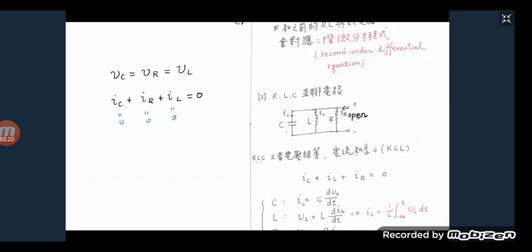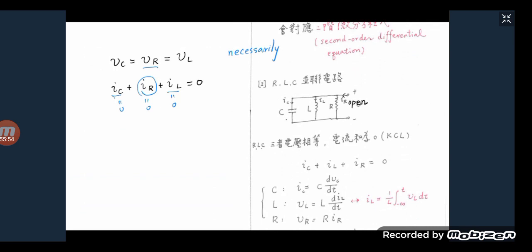For example, if in the beginning Vi is not equal to 0, then there must be IR, non-zero IR, and the other parts are not necessarily 0. 就是不总是，不一定是 necessarily 0.